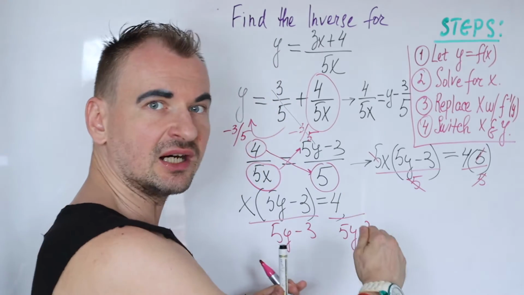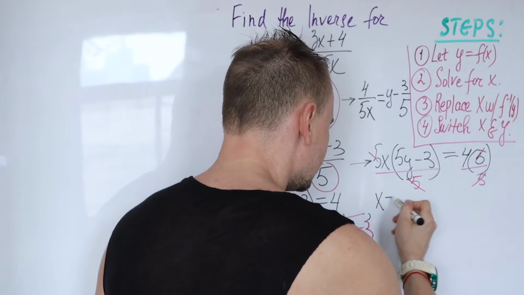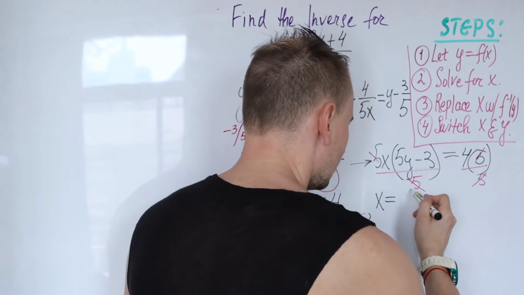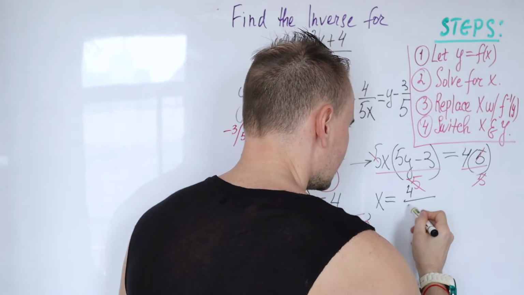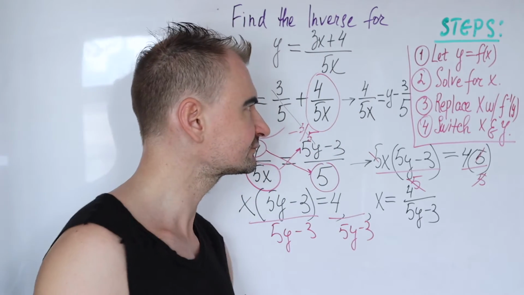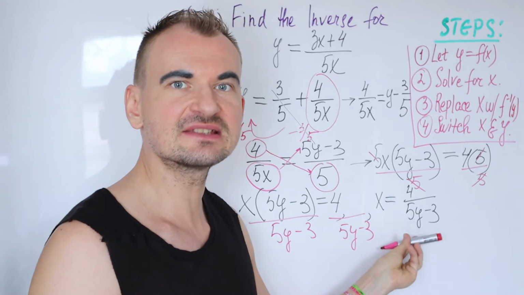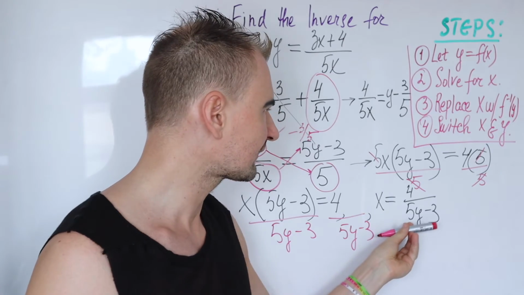So you divide it out, and your x is 4 over 5y minus 3. The second step is completed.